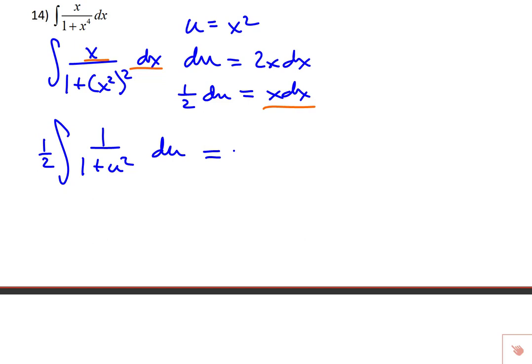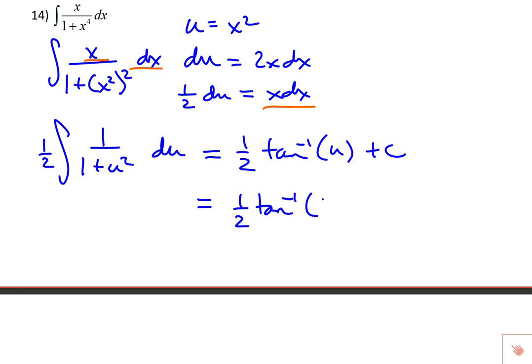So the antiderivative would end up being 1/2 times tangent inverse, or you could say arctan, same thing, tangent inverse of u plus c. So let's rewrite this as 1/2 tangent inverse of, instead of u, we'll put x squared plus c.